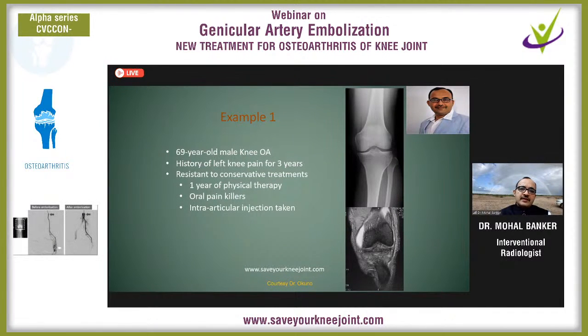In the first example, there is a patient over here. We can see mild to moderate osteoarthritis.